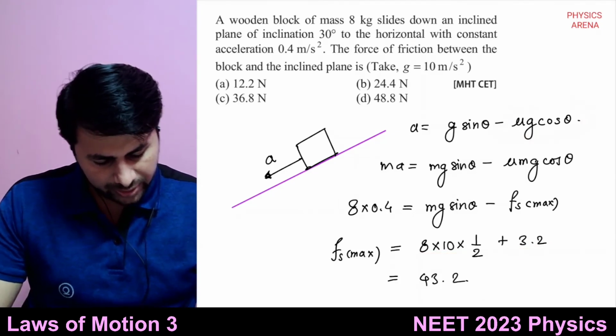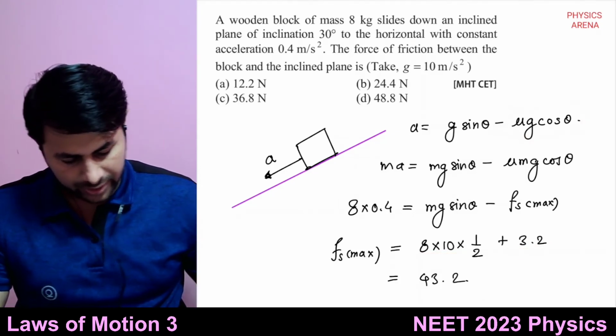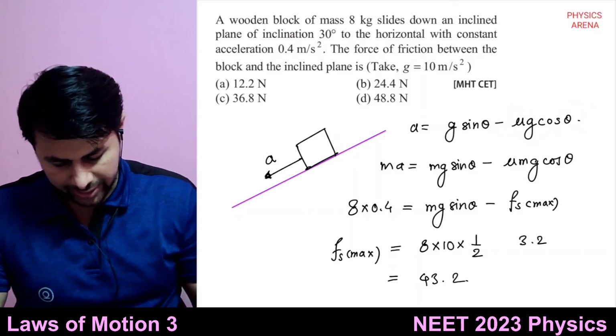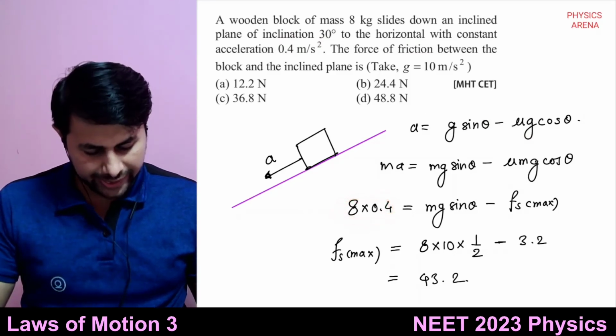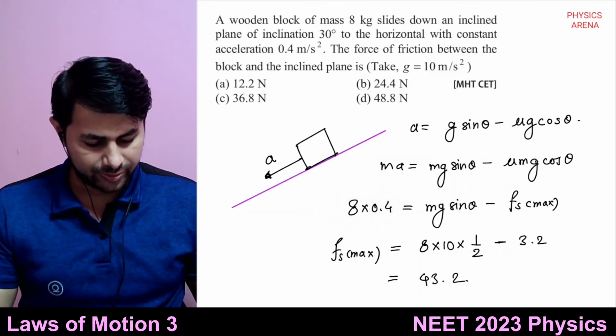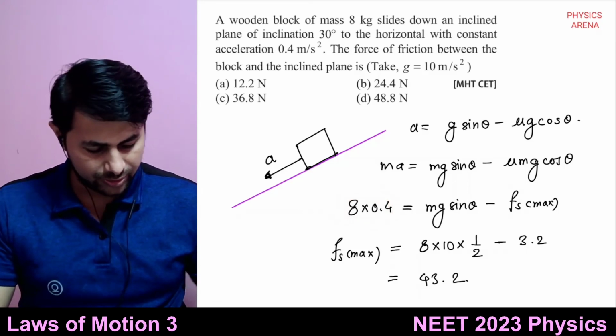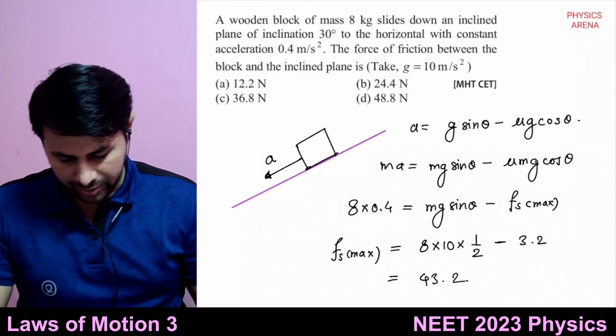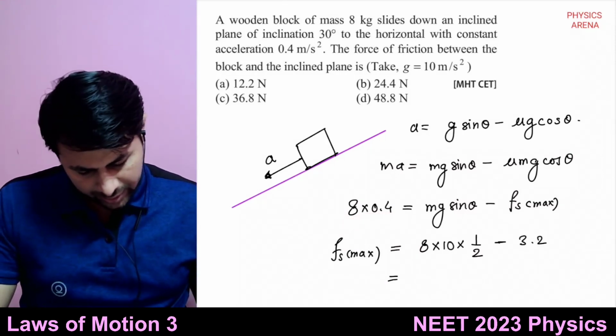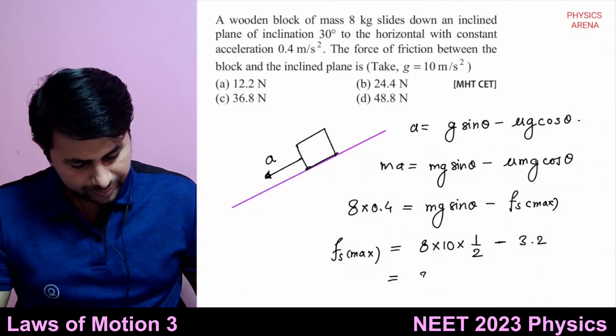Sorry, there is a sign mistake, no? This will be negative. I'm adding this. Okay, so 8 multiplied by 0.4 is 3.2. So if I take it on right, it will be negative. So it is 36.8, right?